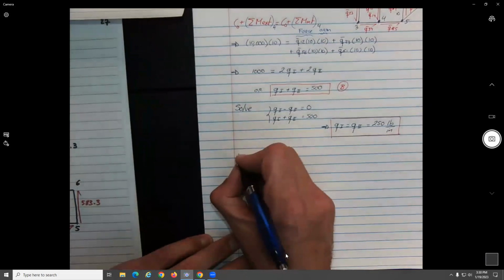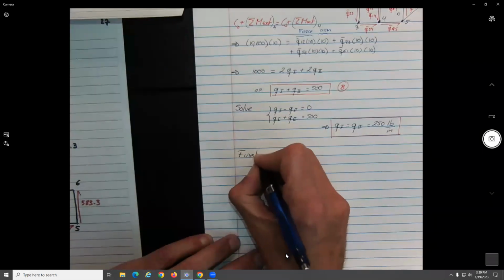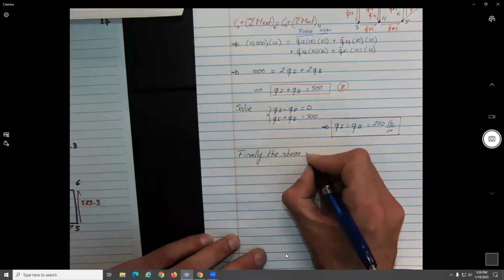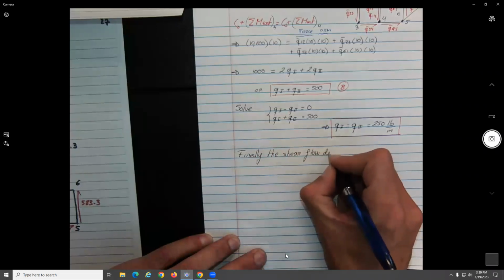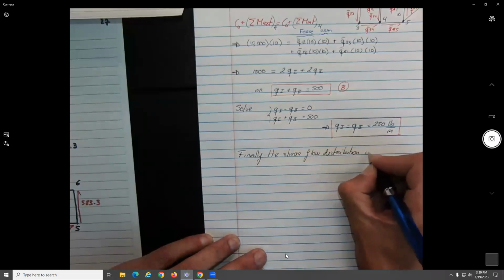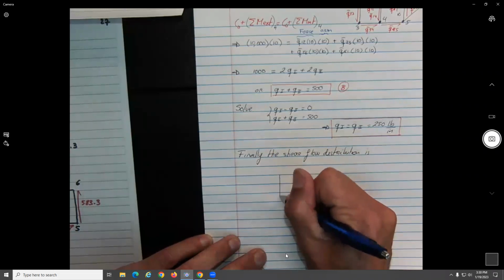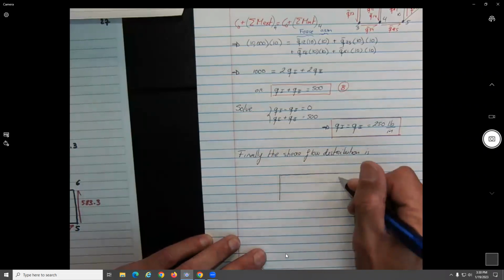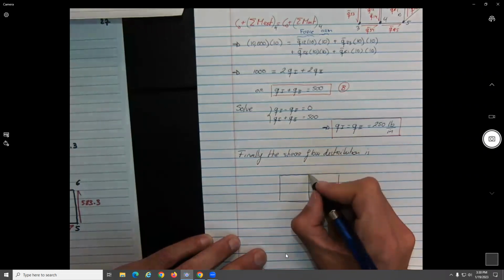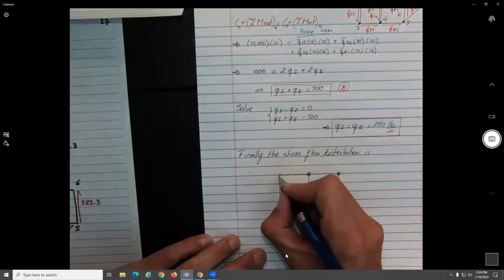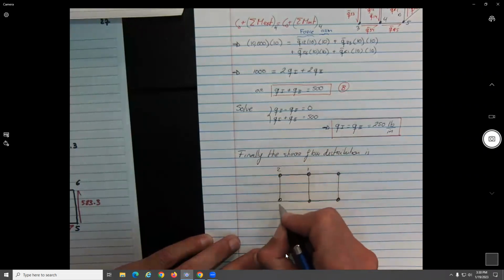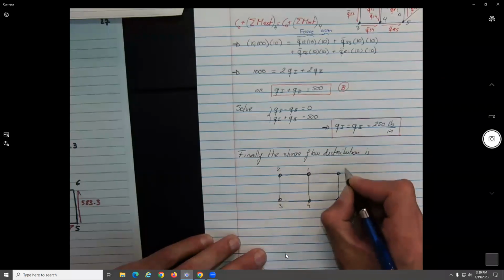So just give me a few seconds. So finally, the shear flow distribution will be what? One, two, three, four, five, 6.